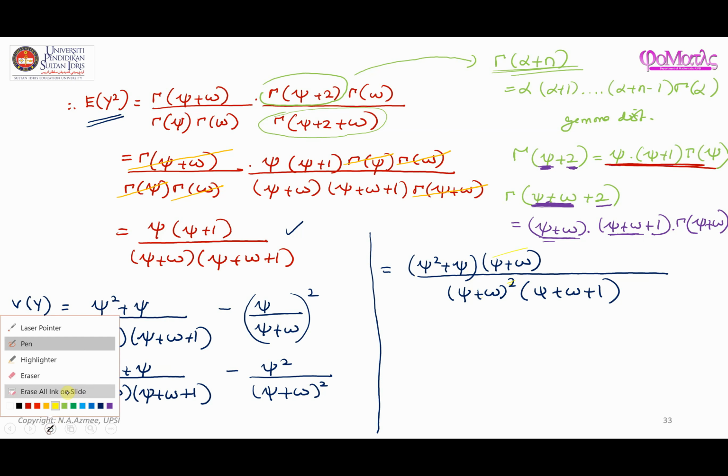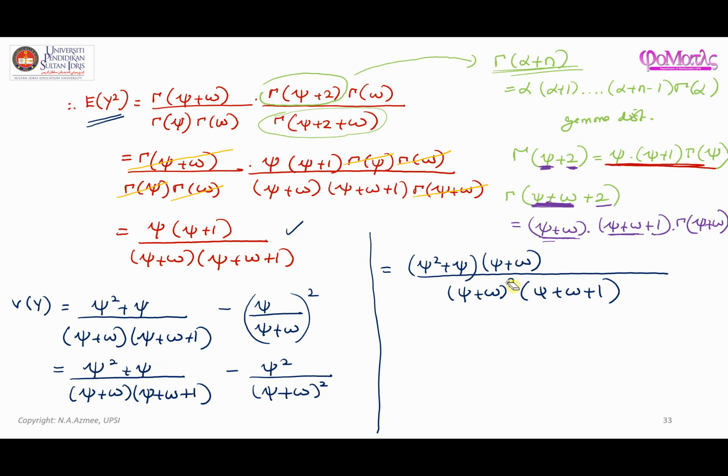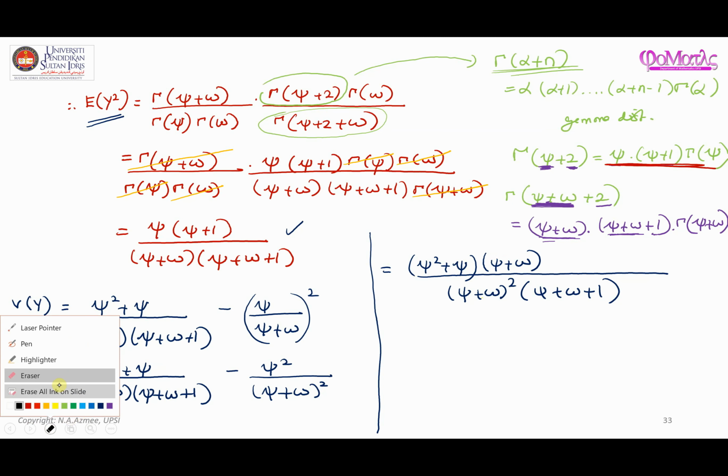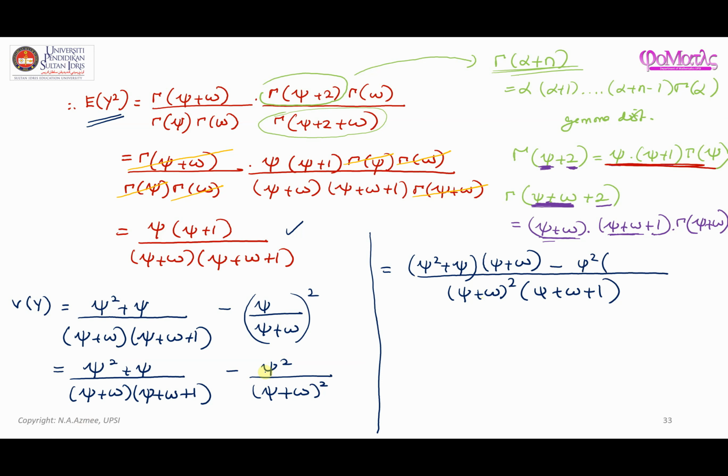Okay, next for this guy here, we will have negative psi squared, and this thing will be multiplied with psi plus omega plus 1.